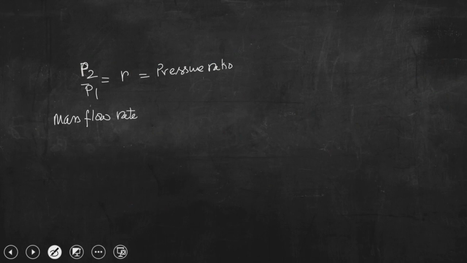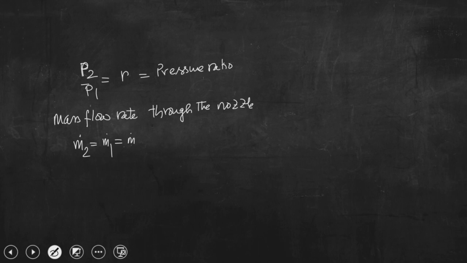Let us first write the mass flow rate through the nozzle. m dot 2 equal to m dot 1 equal to m dot.